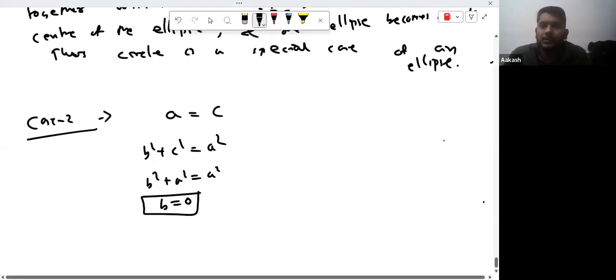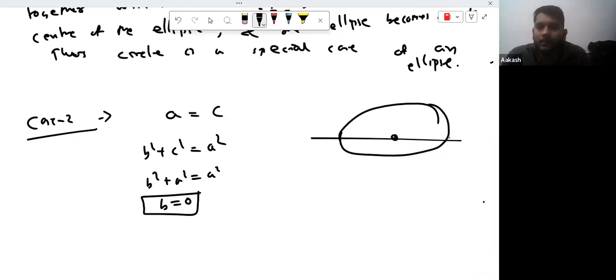What I mean by this is, this was the ellipse, this was A and this was C. If A and C become equal, this will extend to here. Yes or no? Yes, sir. And B becomes 0, so this height becomes 0.